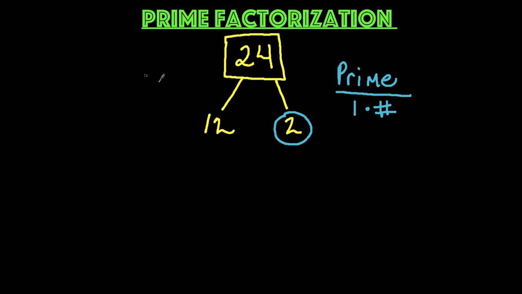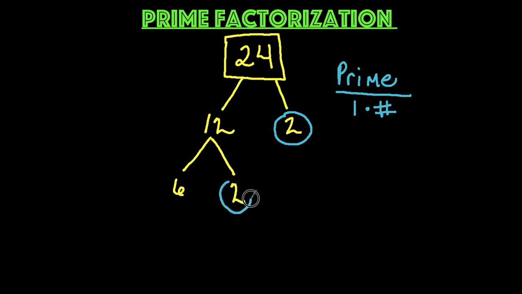Now going back to 12, 12 is not a prime number, so we're not going to circle it. What are 2 numbers that when you multiply, the product will be 12? Okay, let's try 6 and 2. We already established that 2 is a prime number.